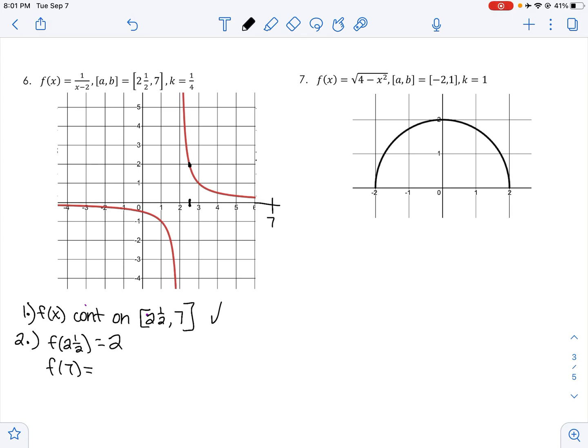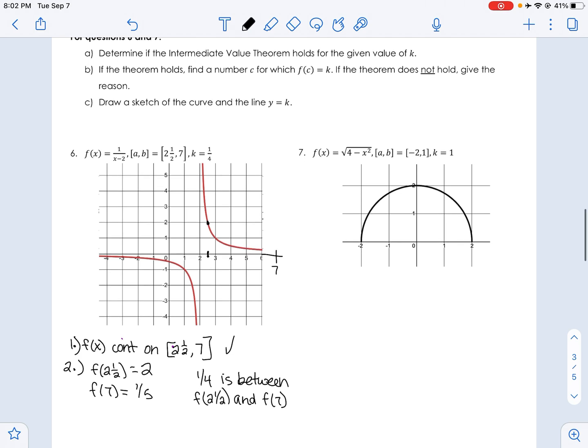Then I plug in 7, so 1 over 7 minus 2, which is just 1 over 5, which is 1/5. So therefore, 1/4 is between f of 2.5 and f of 7. Okay, so since we did that, let's move on to part B.